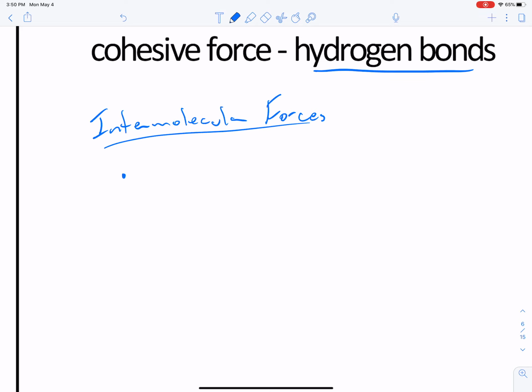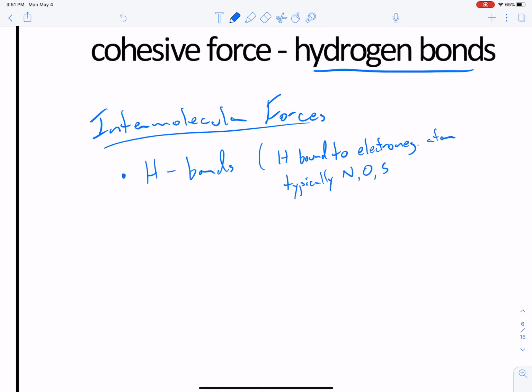Hydrogen bonds are when you have hydrogen bound to an electronegative atom. Typically nitrogen, oxygen, sometimes sulfur.